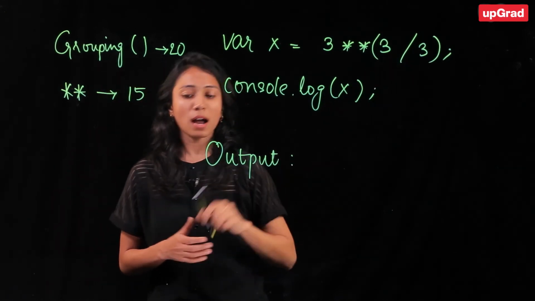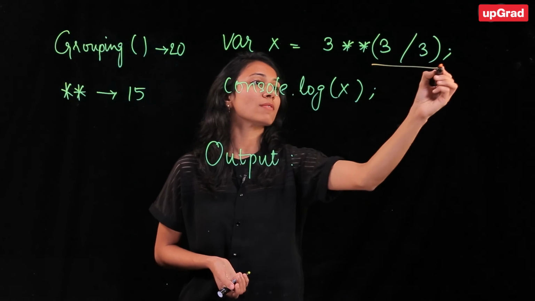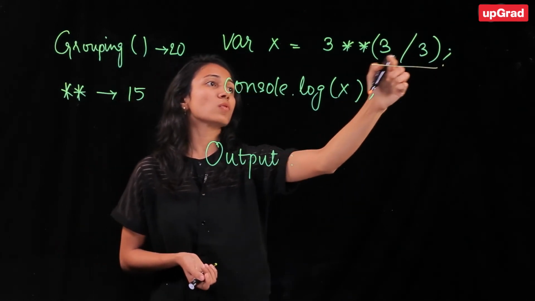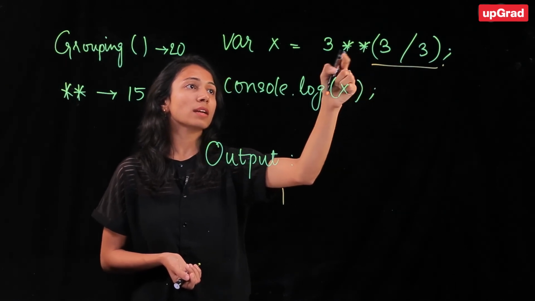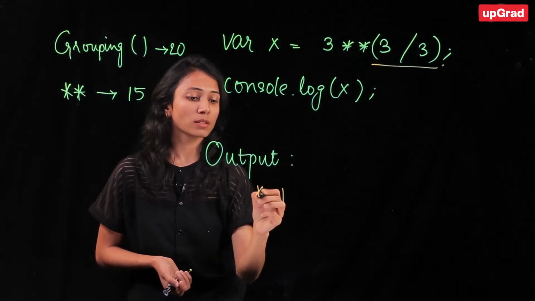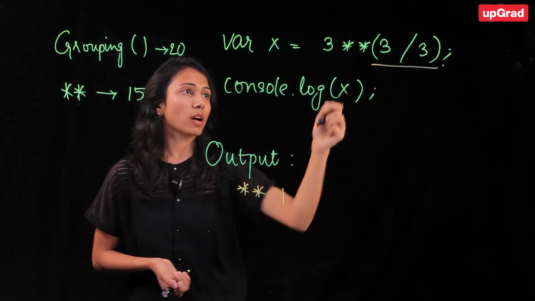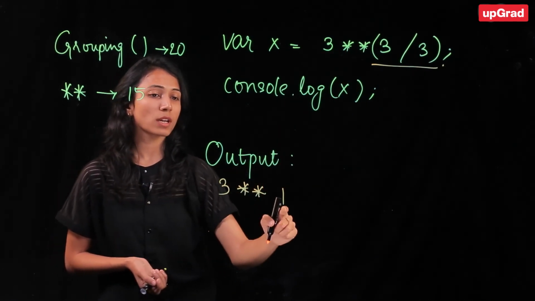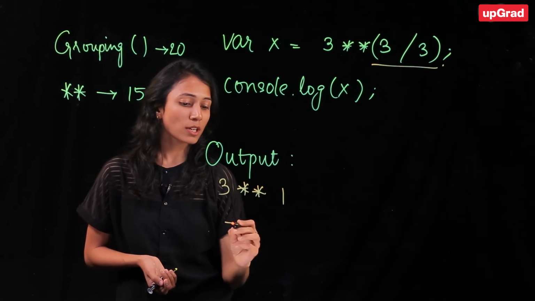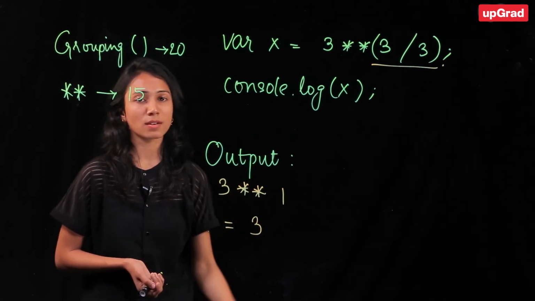So this part is going to be evaluated first. That means 3 is divided by 3, the result is 1, and then it is evaluated with the exponentiation operator along with the operand 3. That means 3 raised to the power 1, which gives you 3 as the result.